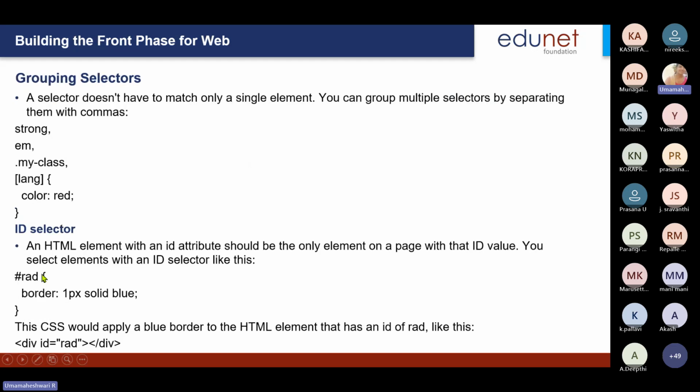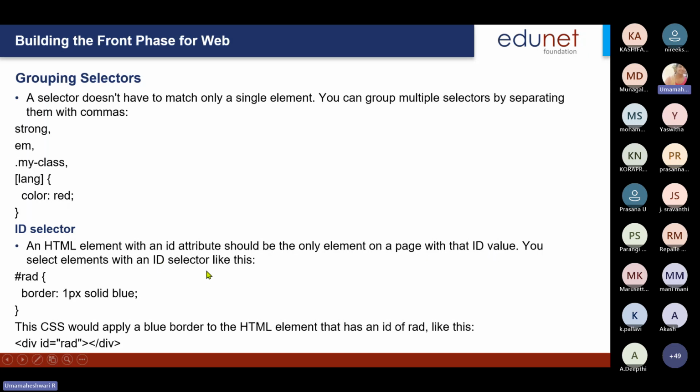That is applicable. And a grouping selector is, if for example I have different elements and I need to apply the same thing, the selector does not have to match only a single element. You can group multiple selectors by separating them with commas. An ID selector should be the only element on a page with that ID value.